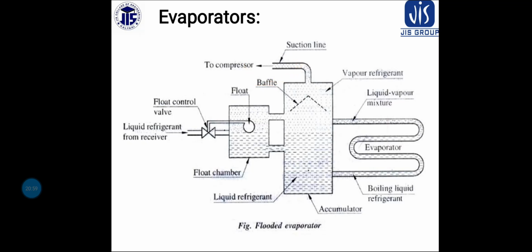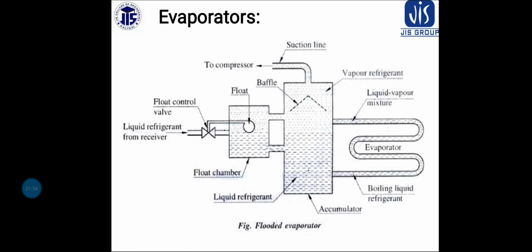Now the vapor formed by the vaporizing of the liquid in the coil, being lighter, rises up and passes on to the top of the accumulator, from where it enters the suction line. Sometimes liquid eliminators are provided in the accumulator top to prevent the possible carryover of liquid particles from the accumulator to the suction line.